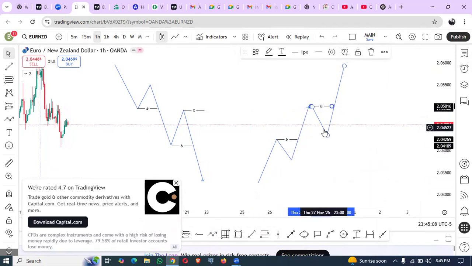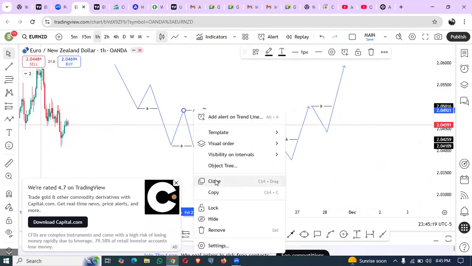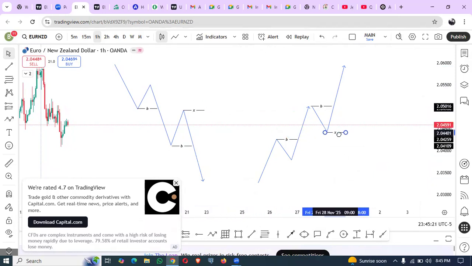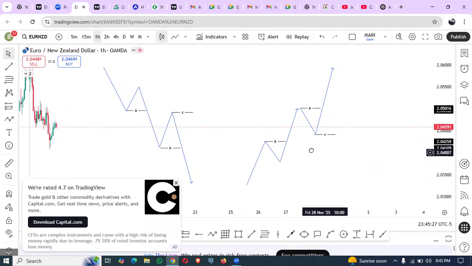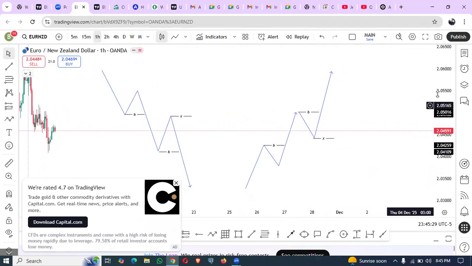It's on the leg of the second breakup structure, the origin of that second leg that caused that second breakup structure. That is always your inducement. I use X as an inducement, so you see me put X on my charts. You see me put IDM, I mean inducement. So that's that about structure.